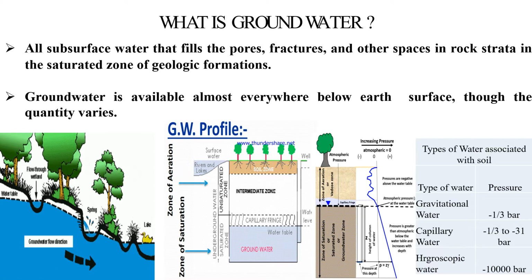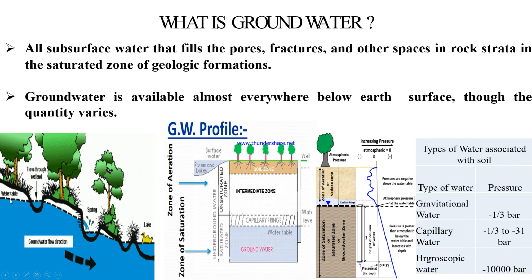Here you can see how the groundwater flow direction takes place. Here the elevation head as well as the pressure head is more. There the elevation is low and the pressure head is almost the same, but the elevation head is more here. So water will go from high head to low head areas.